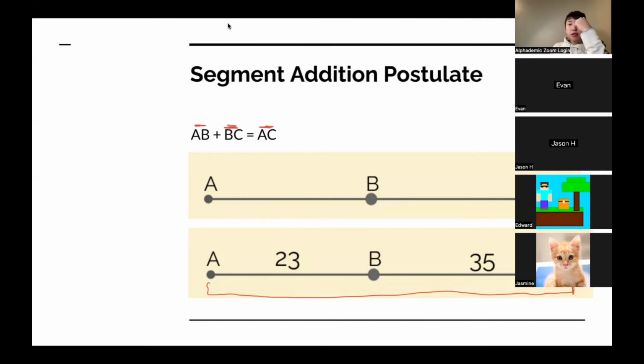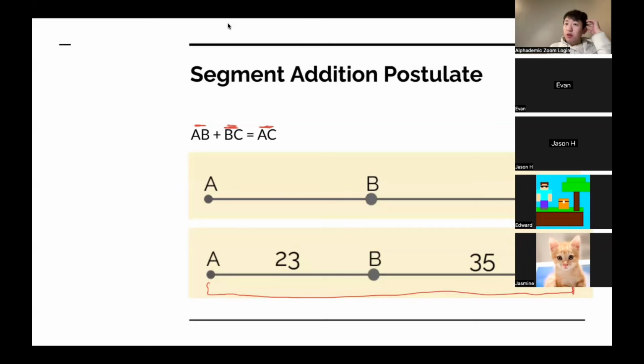All right, I'll just give everyone else a few more seconds and then I'll talk about this. All right, good job to everyone who got it right. This would be AB plus BC would equal 58.